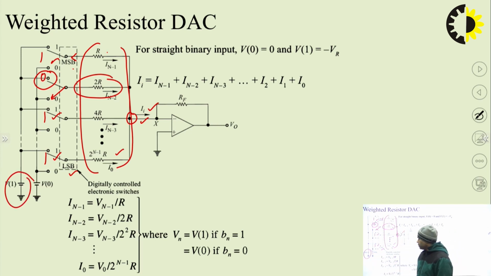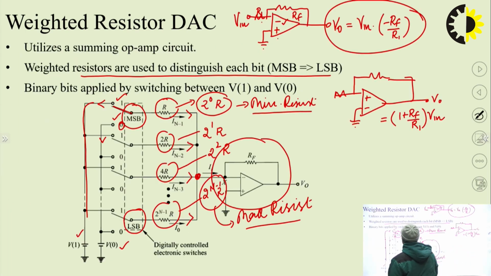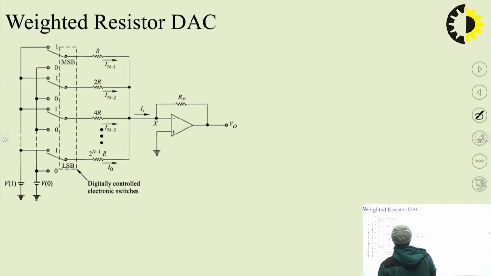Okay, and this is the sum current of multiple branches which will be reaching here. So let's write an expression for this now.